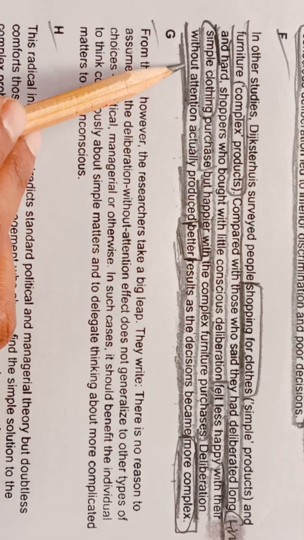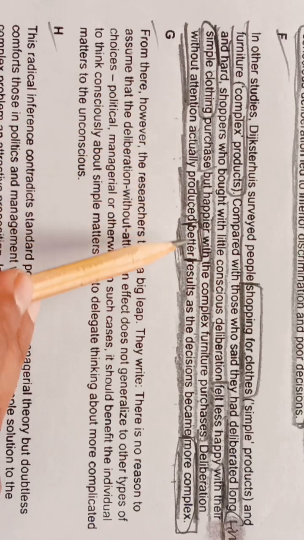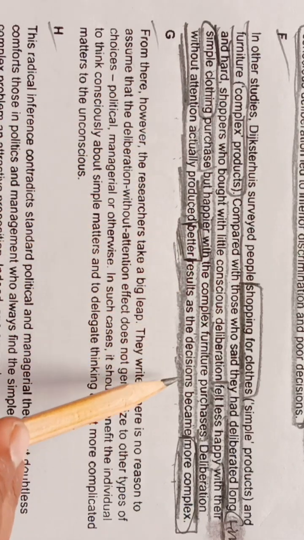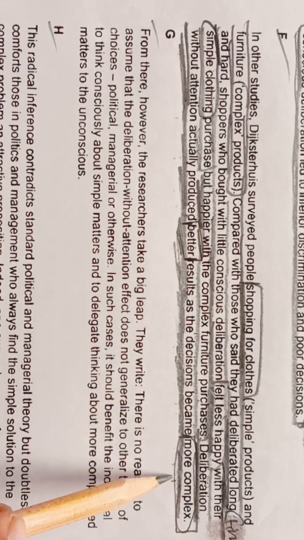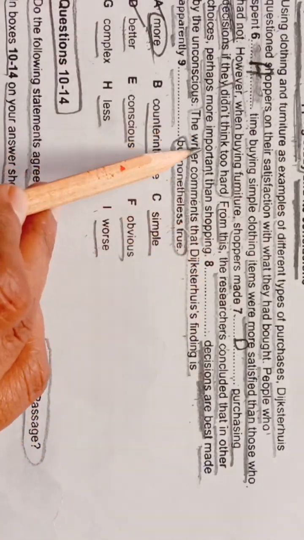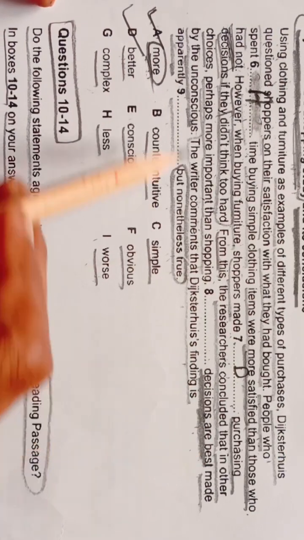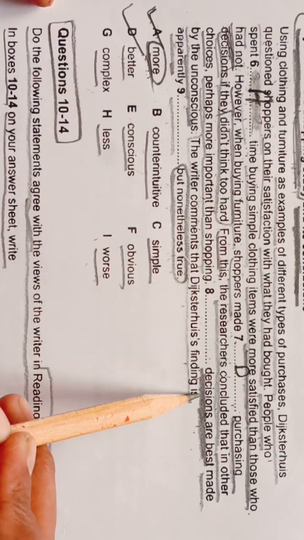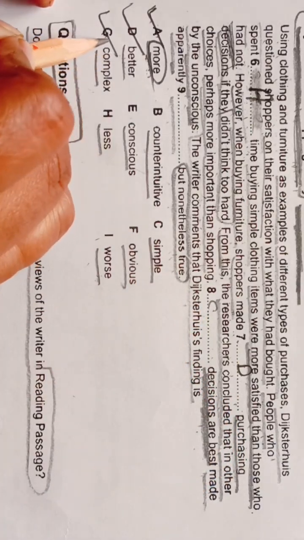Without attention means they are talking about unconscious. Actually produced better results as the decision became more complex. As the decision became more complex, more complex decision. So perhaps more important than shopping, dash decisions are best made by the unconscious. Dash decision means they are talking about the complex decision.